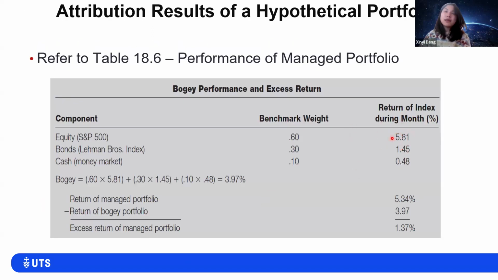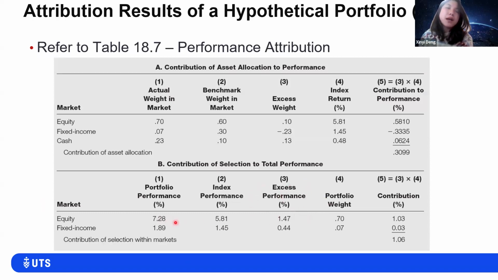Here, the second column again, by doing this subtraction for each market segment, we obtain the excess performance of each segment. What we do next is use the excess performance times the actual weight, the portfolio weight, of each market segment.